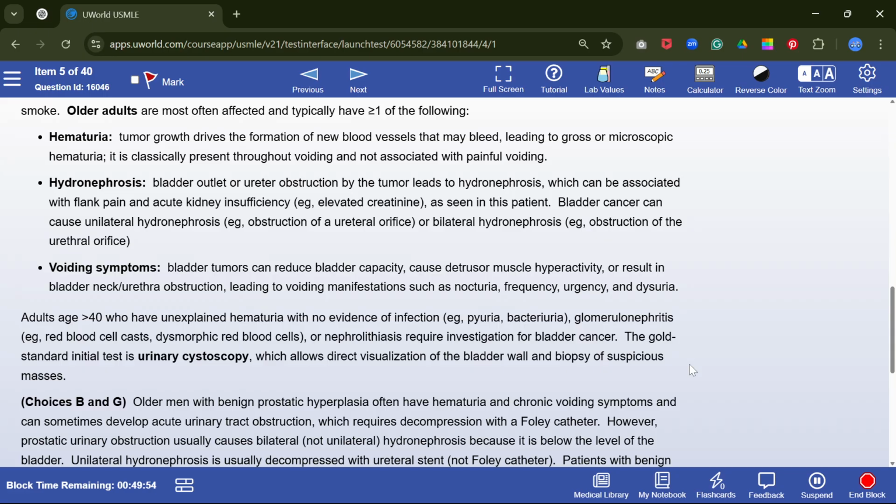Adults age more than 40 who have unexplained hematuria with no evidence of infection, pyuria, or bacteriuria, glomerulonephritis, red blood cell casts, dysmorphic red cells, or nephrolithiasis require investigation for bladder cancer. The gold standard is cystoscopy, which allows direct visualization of the bladder wall and biopsy of the suspicious mass.